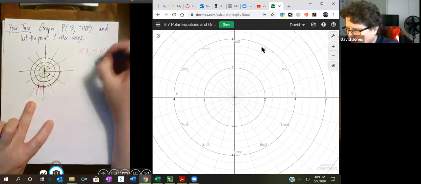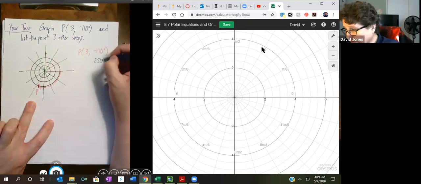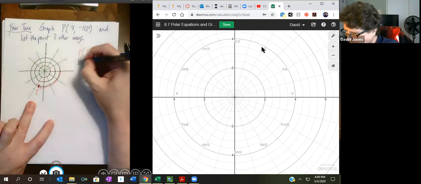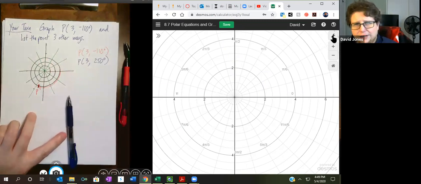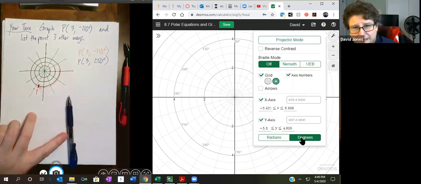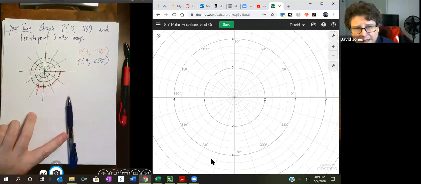This should be 250 degrees. And if you like looking at degrees, that might actually help you if you have DESMOS open, you're looking at it, pinpointing like, oh, here's 240, here's 270, 250 is right about there.